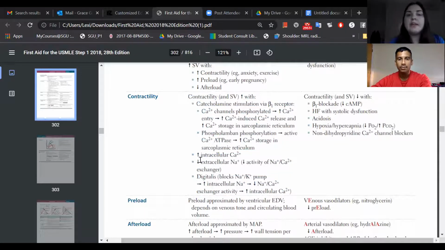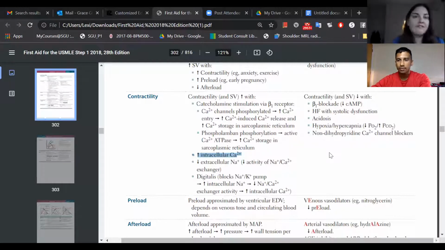The big important thing is that it has to do with intracellular calcium. All of this is to say, if you have more calcium in there, you have more contractility. There are also some examples of things that increase or decrease it, but that's basically how strong that contraction is.